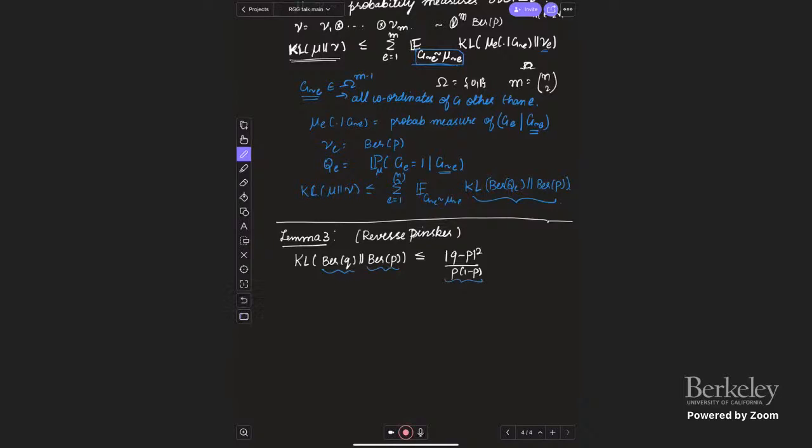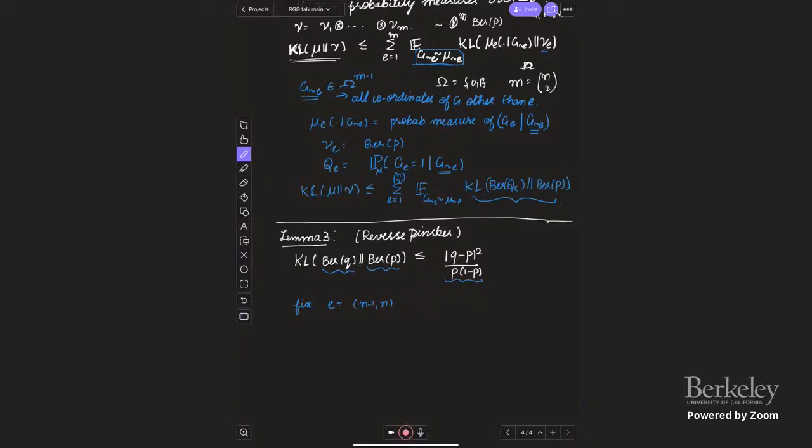Okay, writing this down, we know that in the case of a random geometric graph, all edges behave similarly. So without loss of generality, we know that all of these expectations are the same. So we fix the edge E to be (n minus 1, n) without any loss of generality.